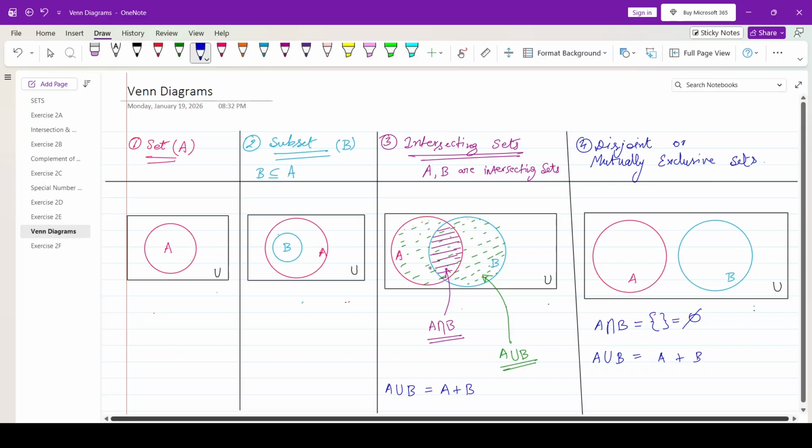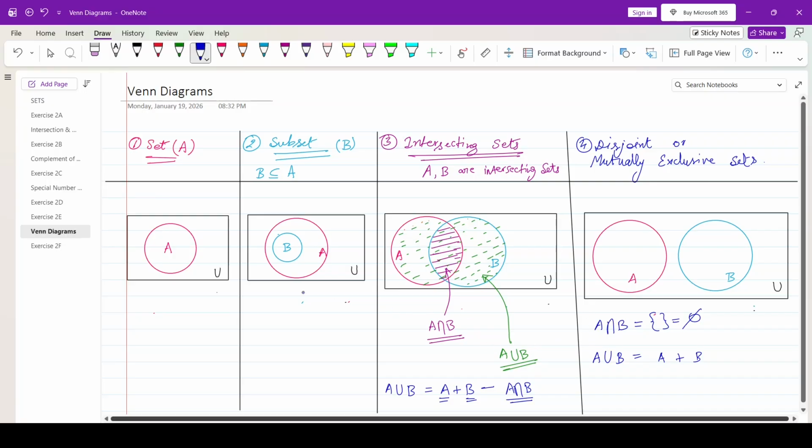Therefore, if we add A and B, we add this part twice, but we must have this part only once. In that case, we need to subtract this part. Therefore, in this case, A union B is A plus B minus A intersection B.